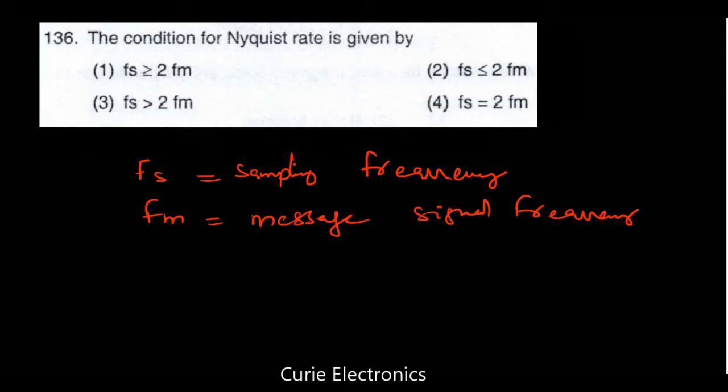When you sample, the sampling frequency Fs should be greater than or equal to 2 times the message frequency.